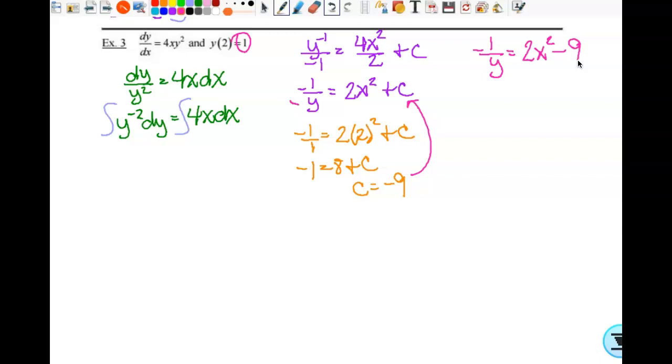So this actually can become negative y equals 1 over 2x squared minus 9 because of that. If I multiply both sides by y and then divide by this, that's what's happening there. Okay? But I don't want negative y, I want y. So y is equal to negative 1 over 2x squared minus 9.